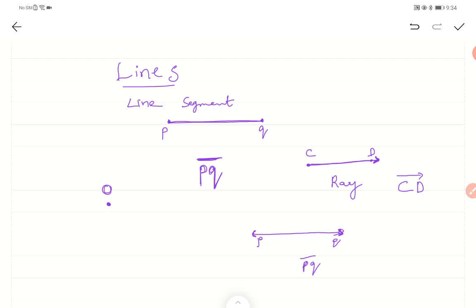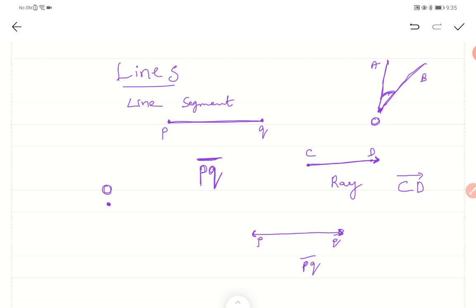Now when two lines intersect with each other, I have two lines intersecting like this at some point. If I say this point is O, and these lines are A and B, whenever two lines intersect with each other, they form some angle, isn't it?